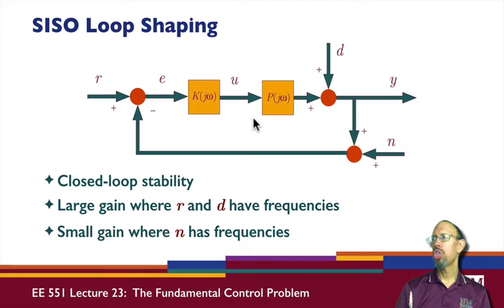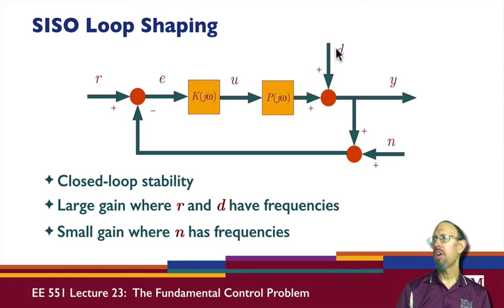So in terms of loop shaping, we've talked about the kinds of things that are needed in the loop for the system to work properly. We have this general closed loop system. We generally want closed loop stability, regardless of what kind of inputs we have. In general, we want large gains wherever R and D have frequency content, and small gain wherever N has frequency content.